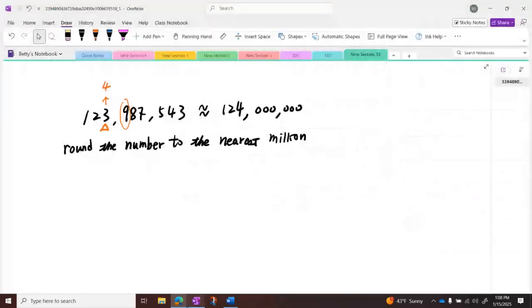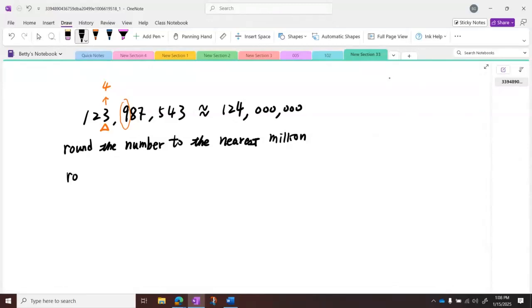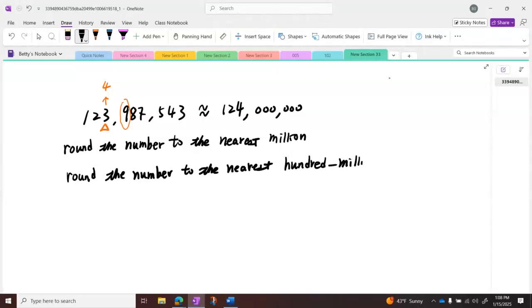How about you help me to round, let's exercise more for this number. Can you help me to round the number to the nearest 100 million? Firstly, find the rounding place.